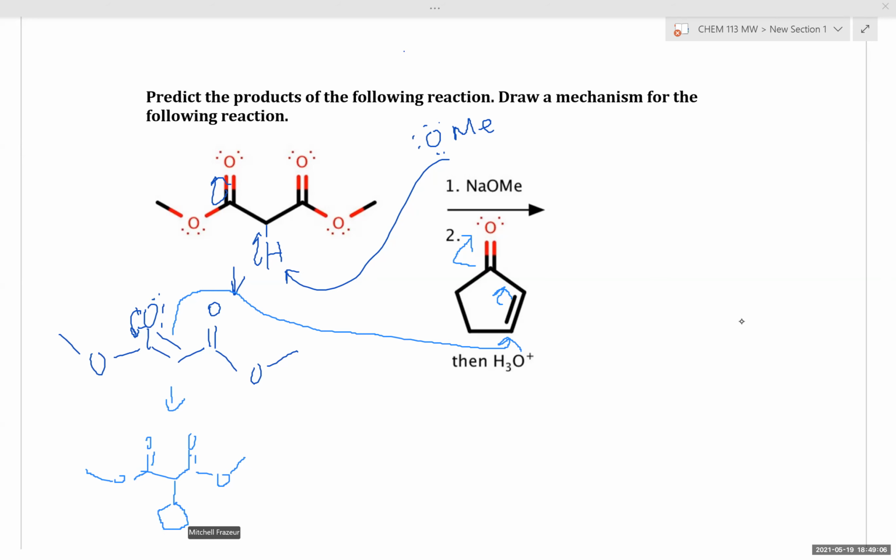So from here, we now have our conjugate addition product, and we have this enolate, and we can isolate our neutral conjugate addition product after an acidic quench of our enolate.